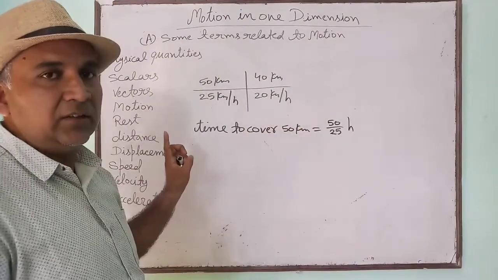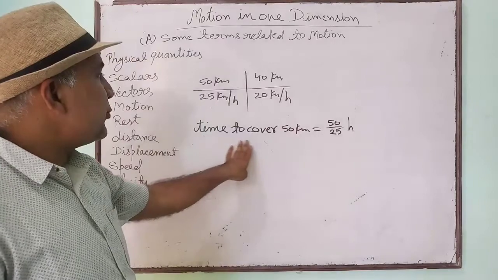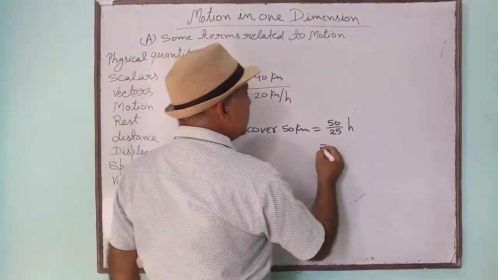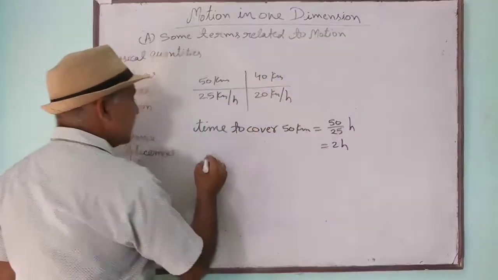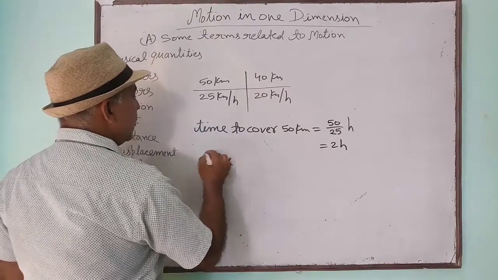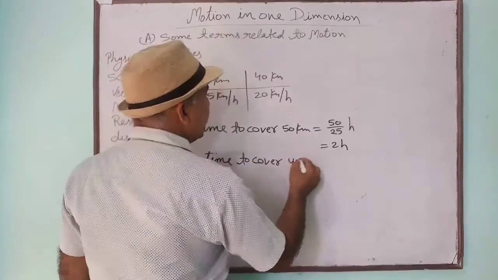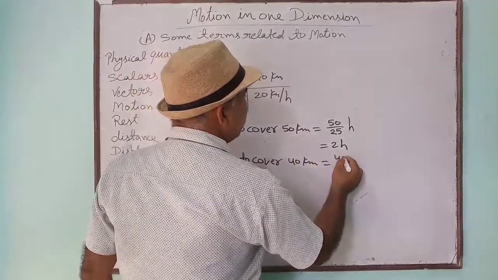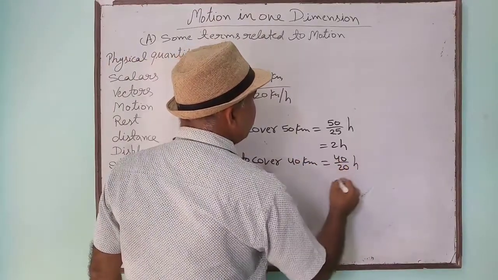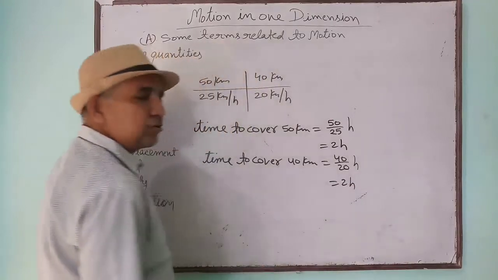Time to cover 50 km will be 2 hours. Now time to cover 40 km will be 40 upon 20 hours, that means this is also 2 hours.